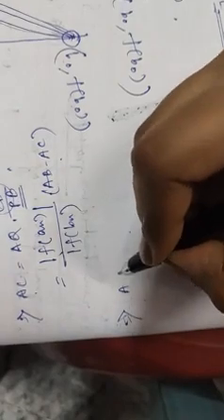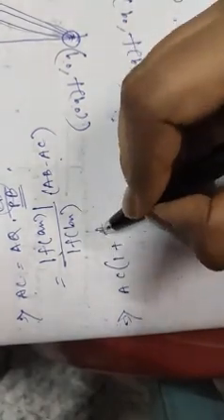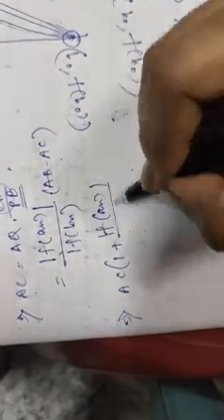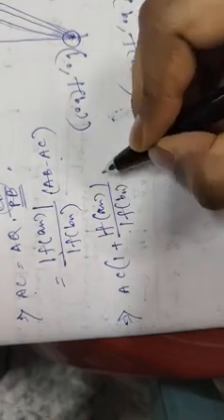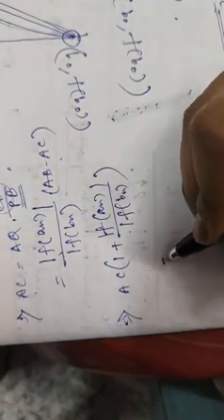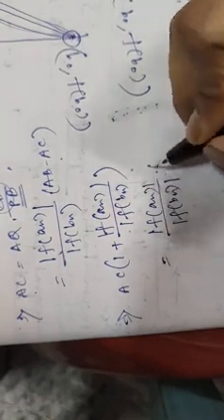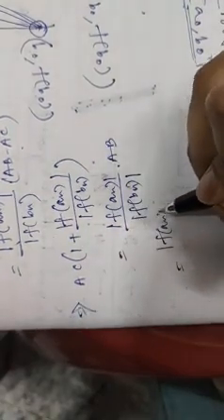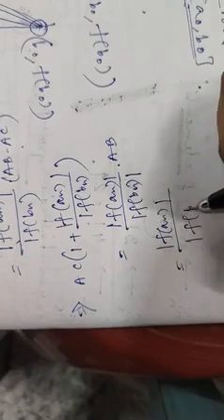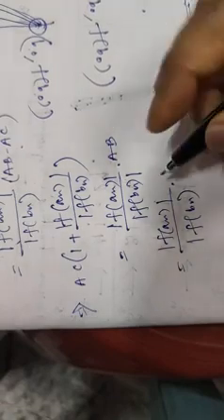So taking AC common on one side, it will be AC into 1 plus f of An by f of Bn equals modulus of f of An by modulus of f of Bn into AB. What is the value of AB? It means Bn minus An.